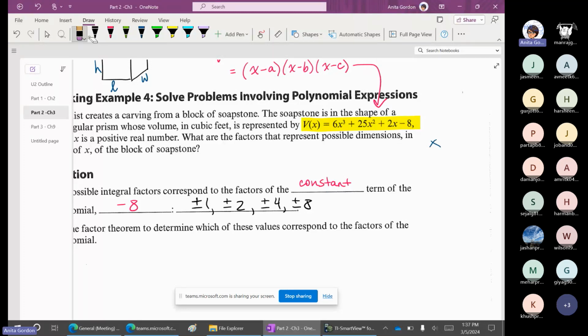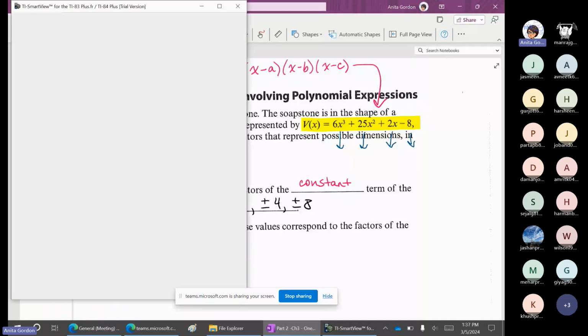Let's try 2s. If I put a 2 here, big number, positive, big number, positive, big number, positive, small number, negative. This is not going to be 0, right? Let's try negative 2.